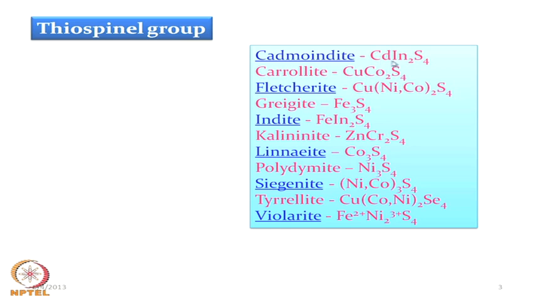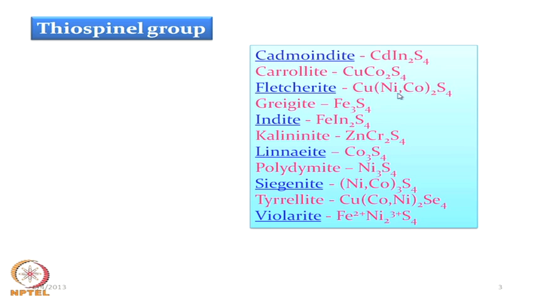It is like zinc, and the indium is in trivalent state. So, we have one particular arrangement for this within the sulfide lattice. Then carrollite is copper based on a cobalt sulfur network. Then fletcherite is copper, and in the octahedral sites we can have compositions based on nickel and cobalt.